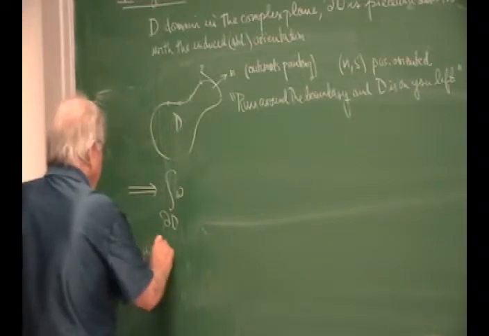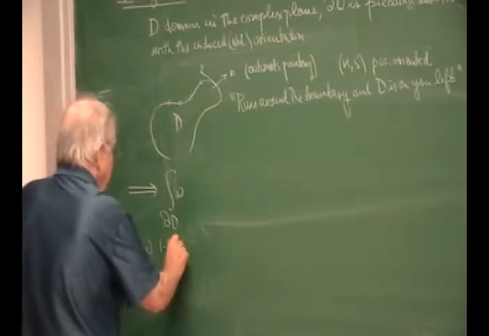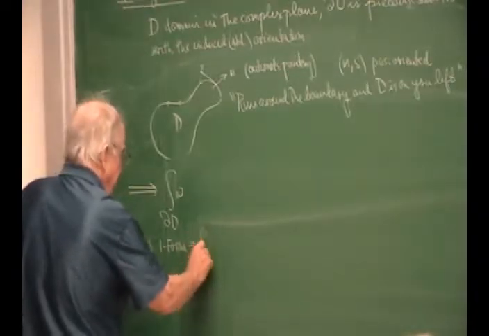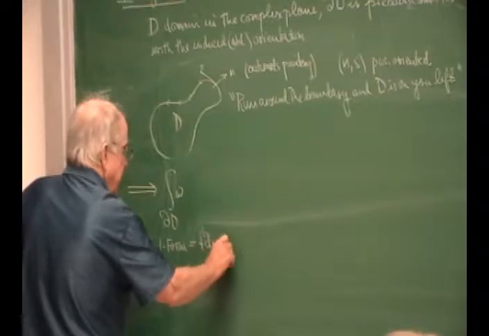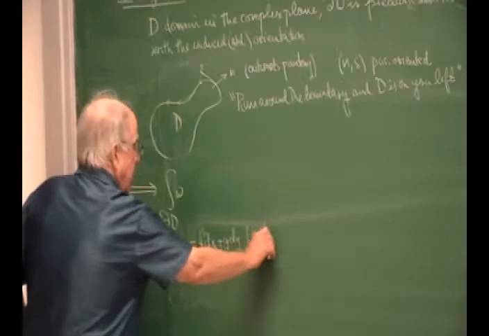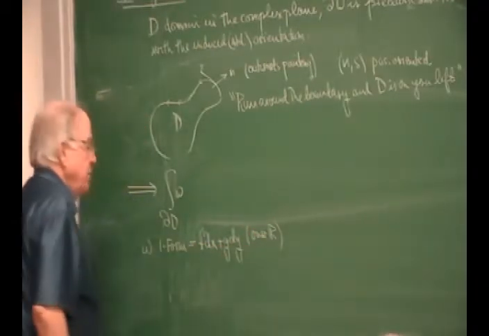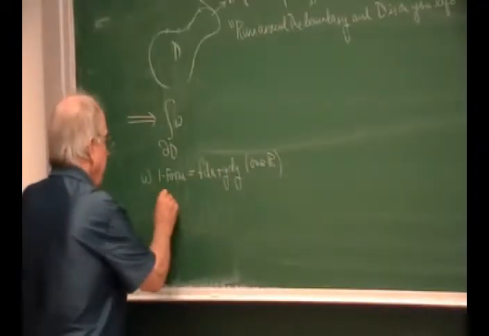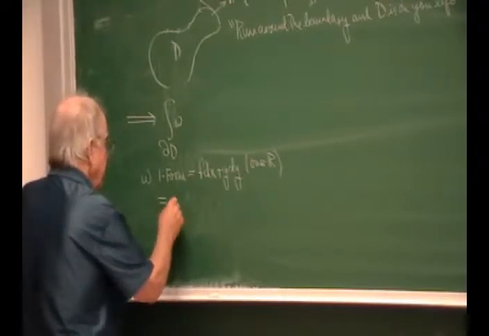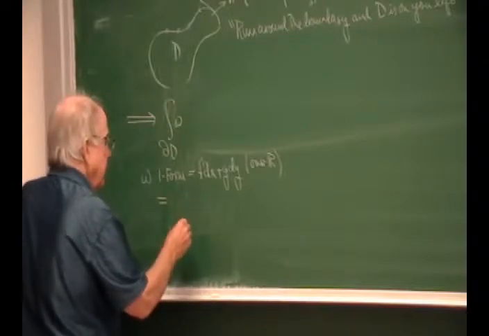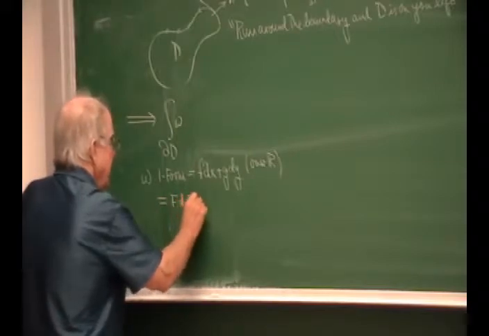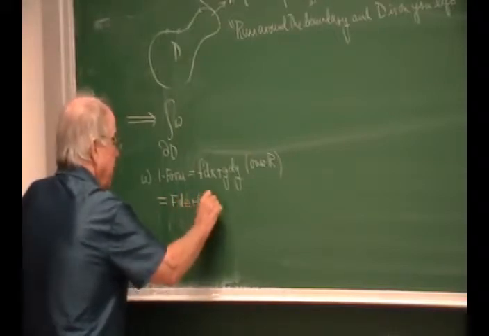So if omega is a one form, and it's over the reals, for example, f dx plus g dy over the reals, or it's very convenient to write over the complexes, let's make it interesting, f dz plus g dz bar over the complexes.